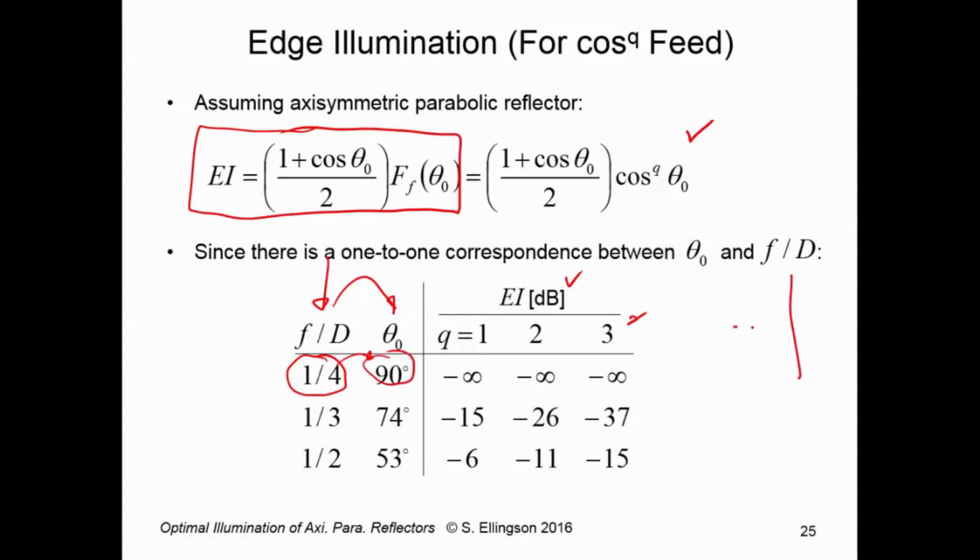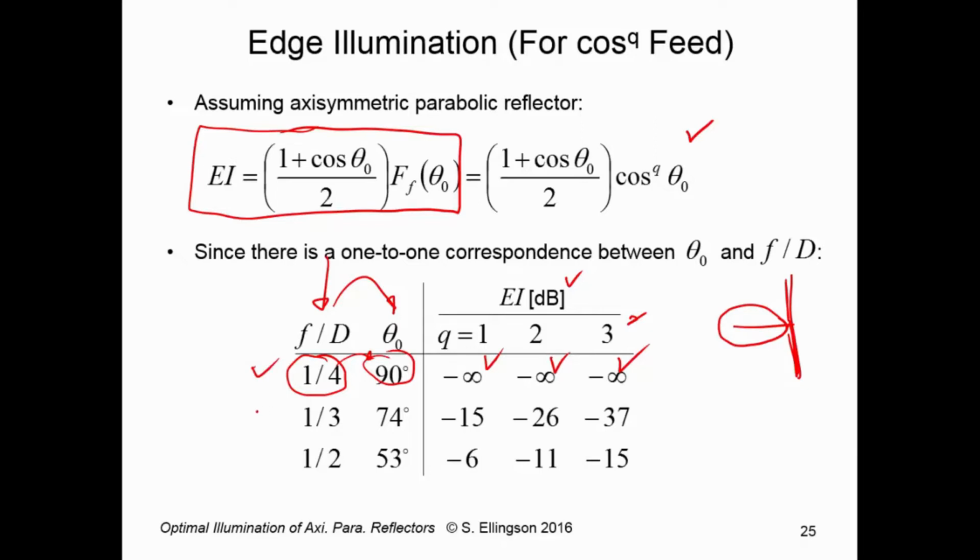Now, keep in mind here, the feed model for cosine Q always has a null for theta sub f equals pi over 2. So, in that case, we get edge illumination is 0, that is minus infinity dB, regardless of Q, if f over d is 1/4.